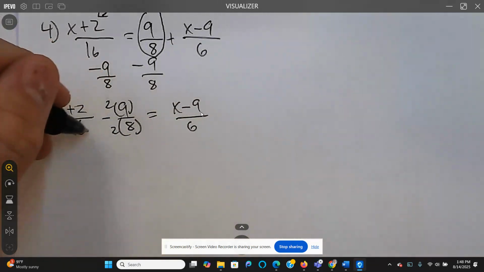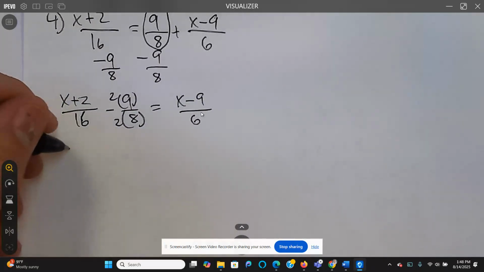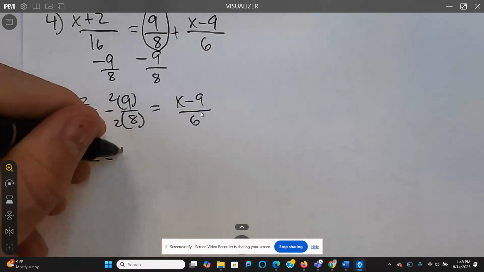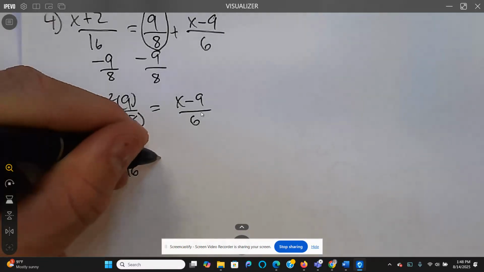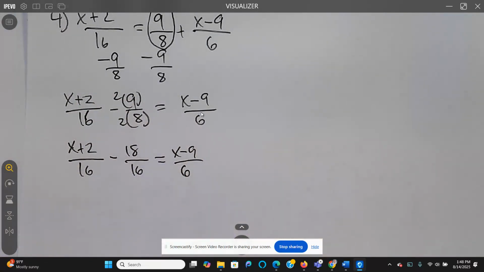And I think everybody has this multiplied by 2 would give you that one. So you multiply the top by 2 as well. So x plus 2 divided by 16 minus 18 divided by 16. And I'm going to pause here. So I got a common denominator here on the one side.